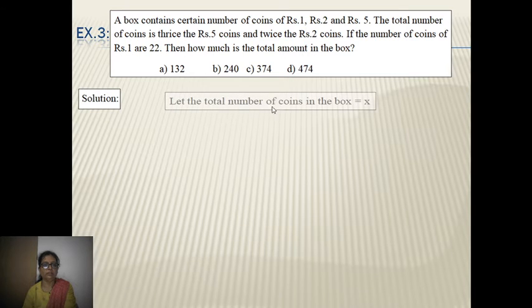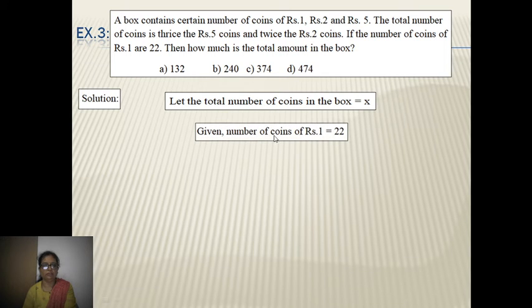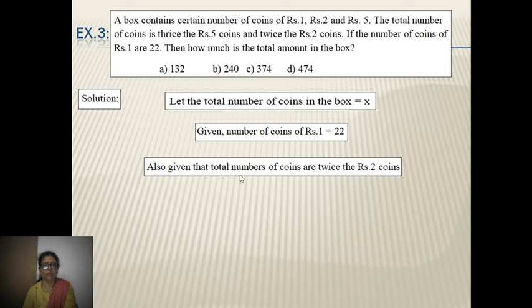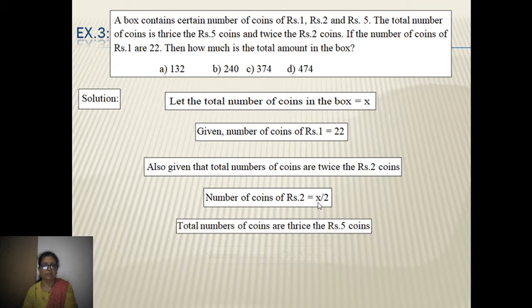For this, we consider the total number of coins in the box equal to x. Given that the number of coins of rupees 1 equal to 22, and by the condition for rupees 2 coins, the number of coins of rupees 2 equal to x by 2. By applying the condition for rupees 5 coins, the number of coins equal to x by 3.